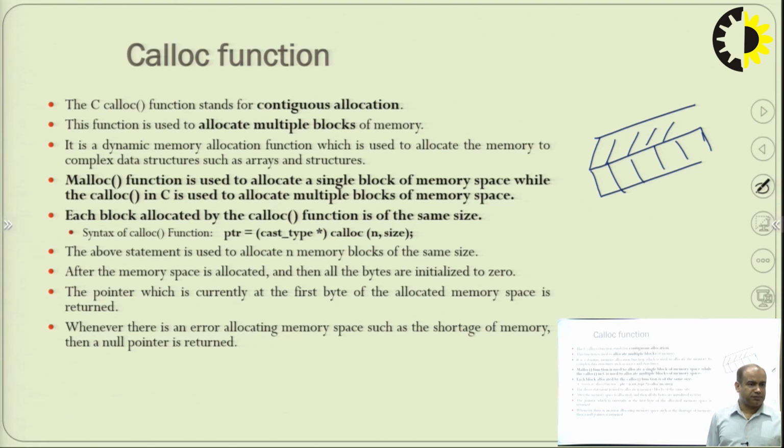After the memory space is allocated, all the bytes are initialized to 0, while in malloc all the blocks are initialized to a null value. Here it is initialized to 0. The pointer which is currently at the first byte of the allocated memory space is returned. Whenever there is an error allocating memory space, such as a shortage of memory, the null pointer is returned.